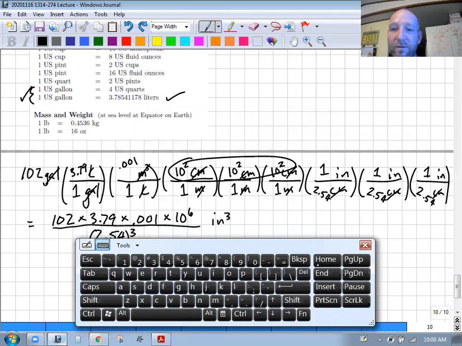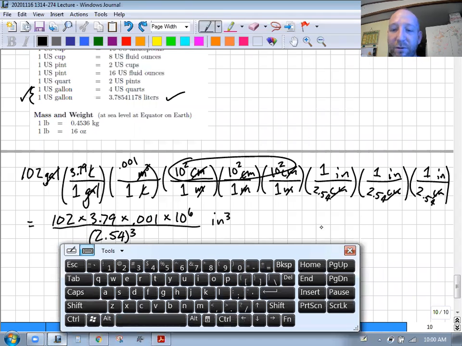All right, and then we're dividing by 2.54 cubed.